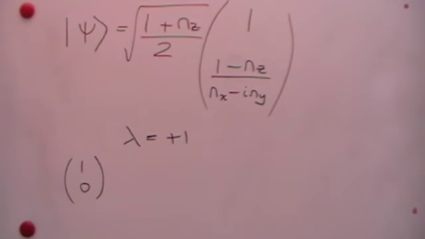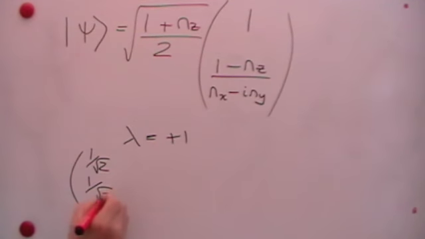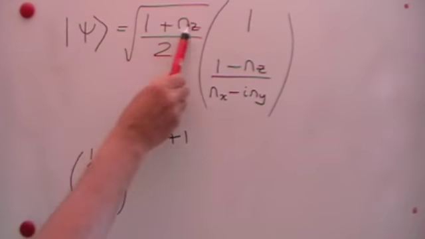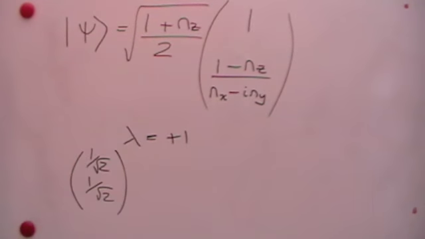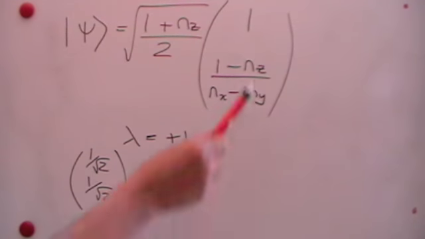What happens if nx is 1? Well, you know that the eigenvector for sigma x is 1 over root 2, 1 over root 2. So if nx is 1, but ny and nz are 0, you've got 1 plus 0 over 2, so that's the square root of 1 over 2, which is essentially 1 over the square root of 2, times 1.